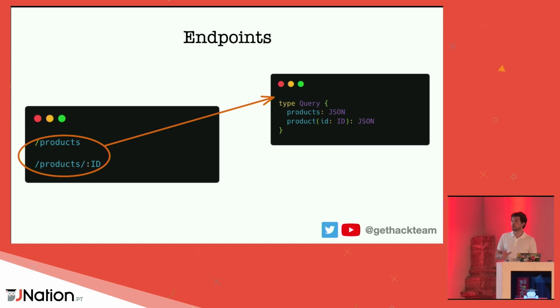And if you would map them something like this, you would have your endpoints in REST, and then you would create your query type. The query type is where you define all the possible queries in your GraphQL schema. Next to the query type, you also have a mutation type if you want to mutate data, or subscriptions if you have real-time data. They would define the name of the query. Quite often it's good to keep it similar to your REST API endpoints.